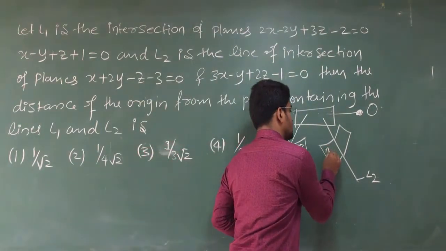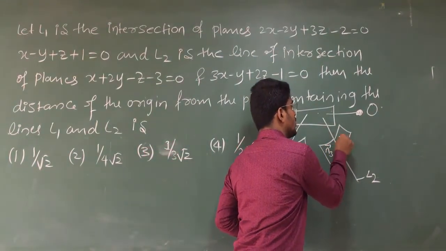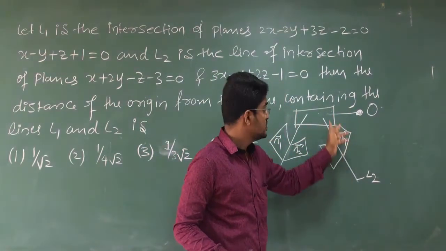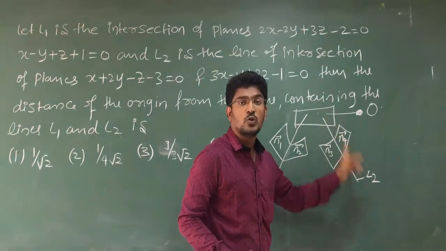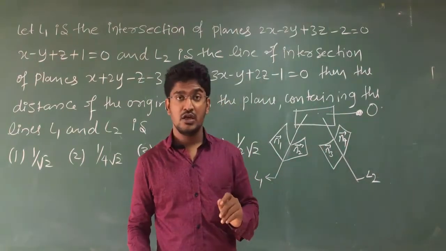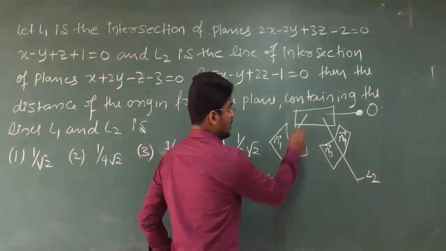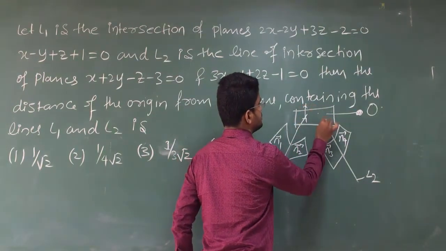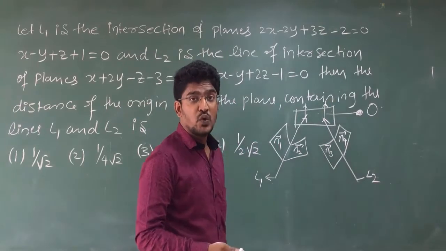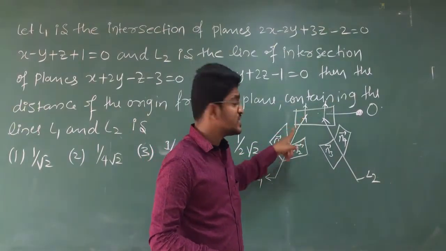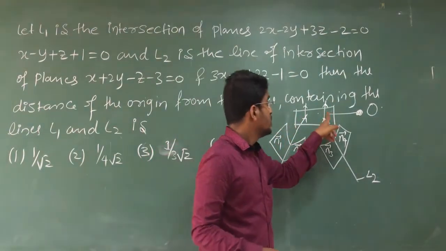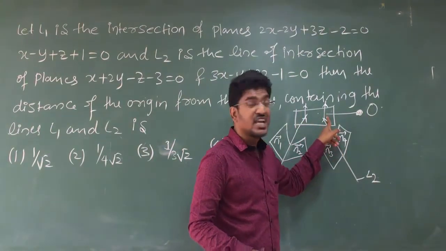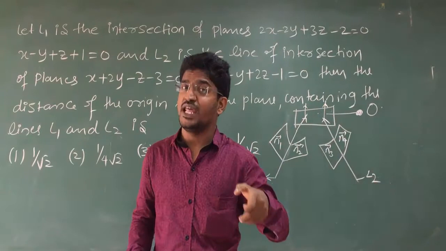If I make n3 cross n4, again you are going to get another vector along the intersection of these other two planes. Are you getting my point? So here you are going to have two vectors, P and Q. P is the cross product of n1 and n2. Q is the cross product of n3 and n4.